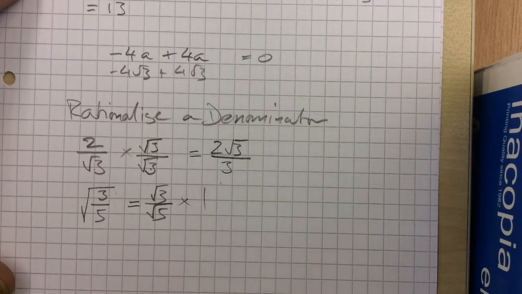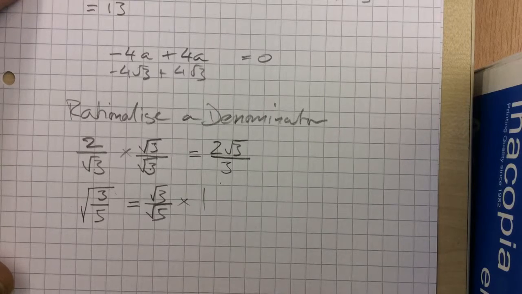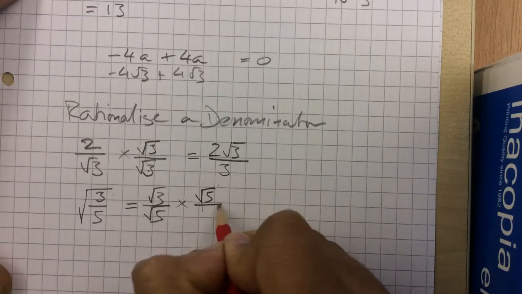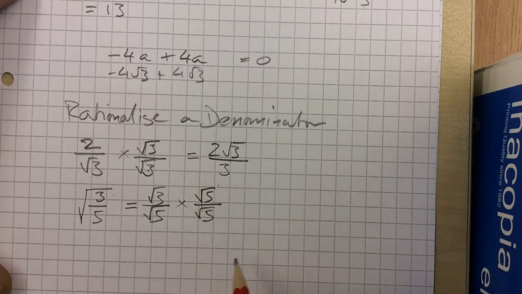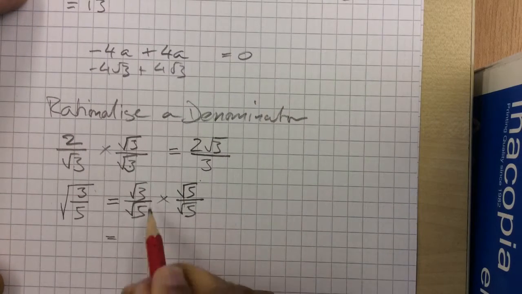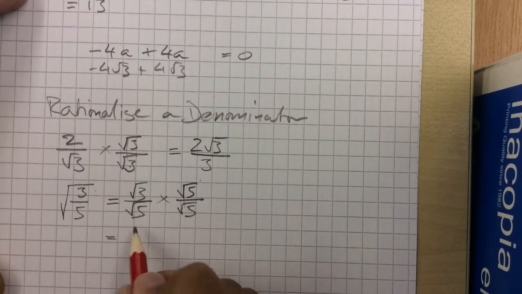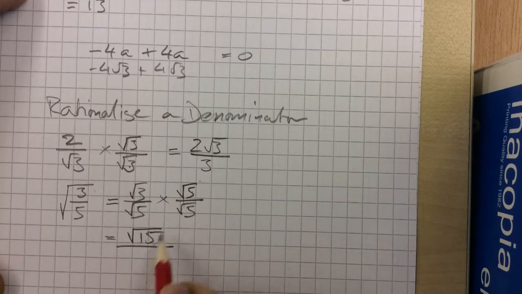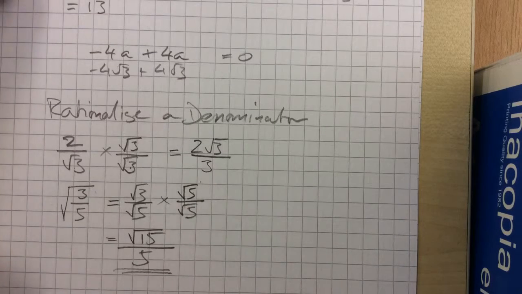In multiplying by 1, I need to take my denominator and use that as my multiplication factor. Root 5 over root 5. And we will end up with a rational denominator. So that's equal to root 3 times root 5, which is root of 15, divided by 5. And we're happy with that as a final answer.